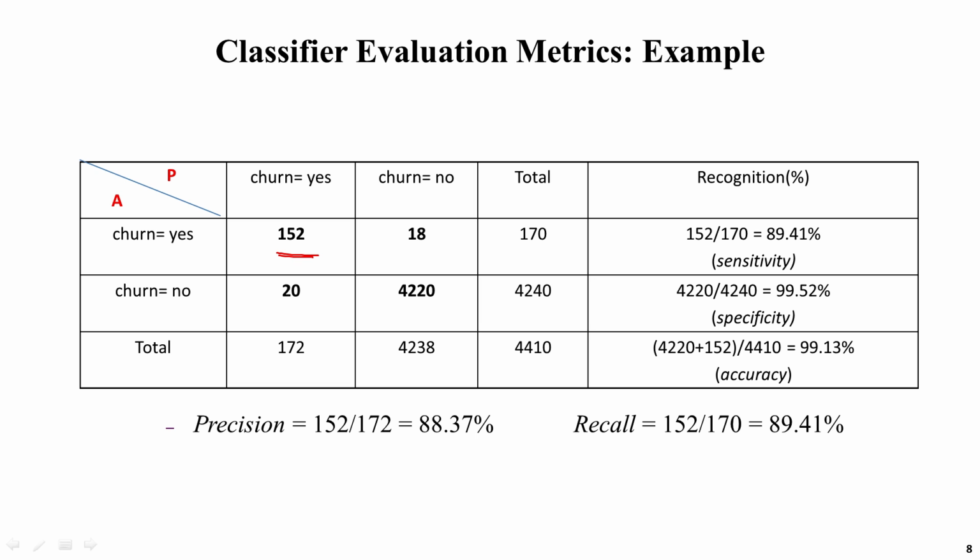We have true positive, true negative, the total of positive, the total of negative, the total of predicted positive and predicted negative.